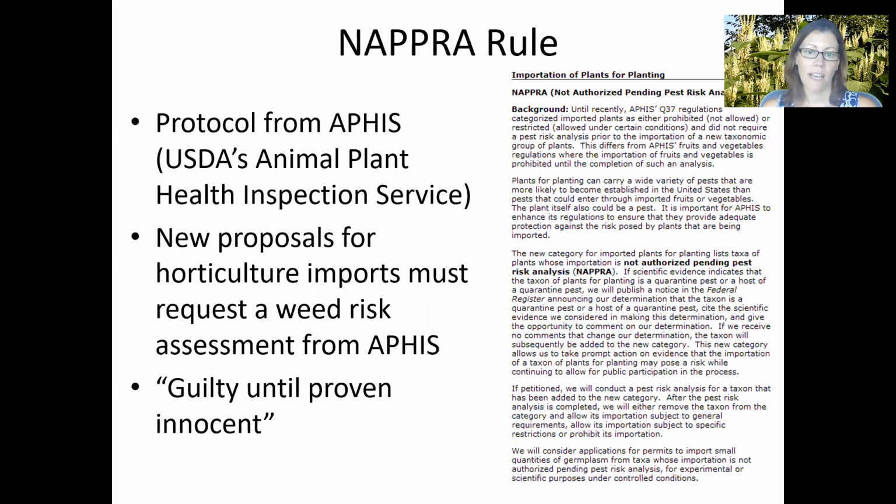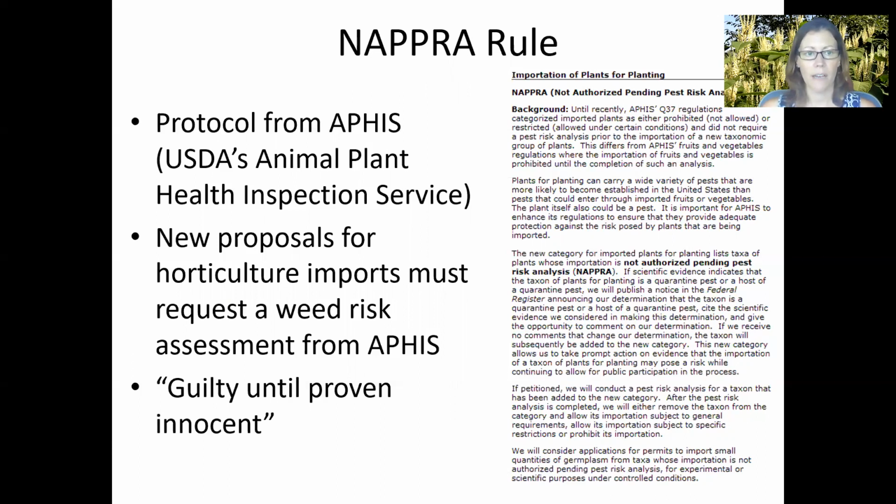But then science and politics are not always perfectly aligned or even close to aligned. So there is a ruling on the books called the NAPPRA ruling. NAPPRA stands for Not Authorized Pending Pest Risk Analysis. Basically, this has been enacted a little bit.